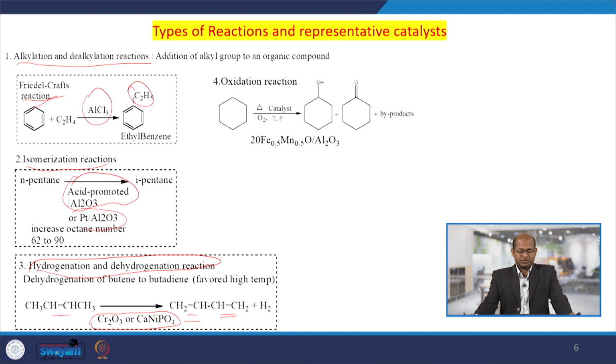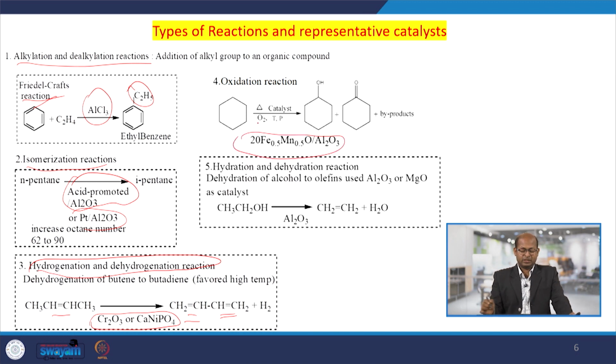Similarly, oxidation reactions, I said, this catalyst we can use, and here dehydration reactions. Basically we have taken alcohols in the presence of alumina or MgO, which sometimes acts as a catalyst. It helps dehydration, meaning water removal from these compounds, so olefin formation is there.